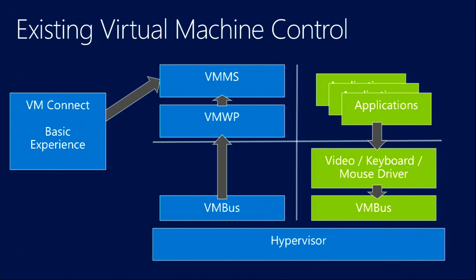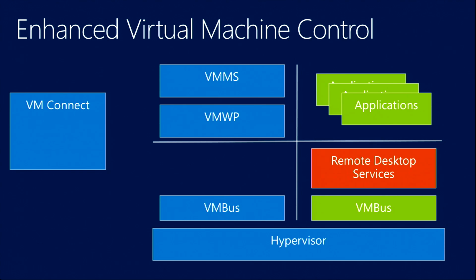That's the basic experience. Now, with enhanced VM control, we kept this 99% the same. The only difference is now, instead of using the keyboard and video driver inside the virtual machine, we're using remote desktop services inside the virtual machine.